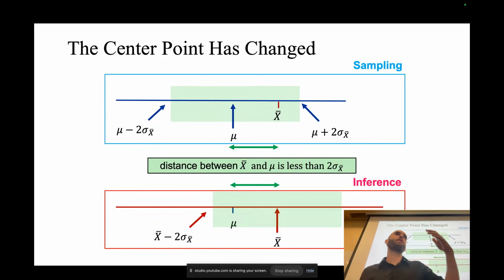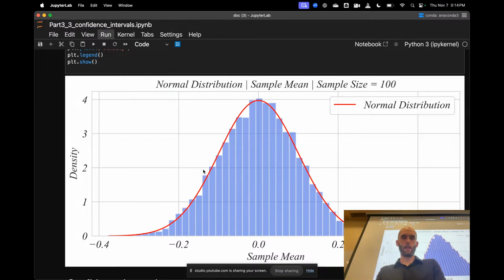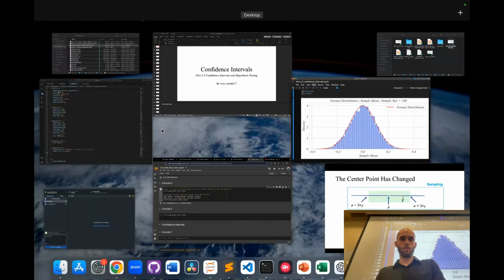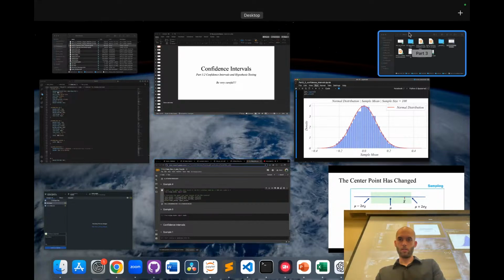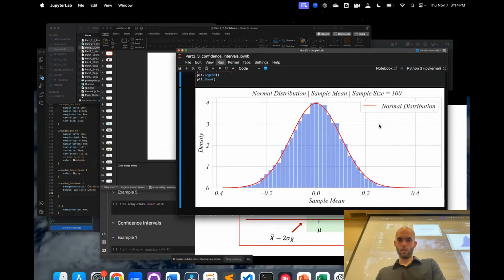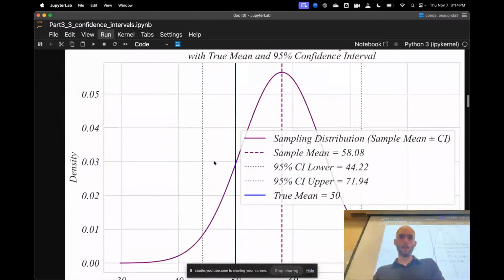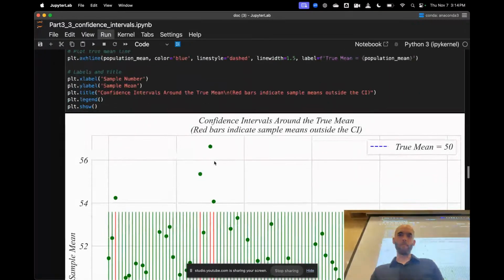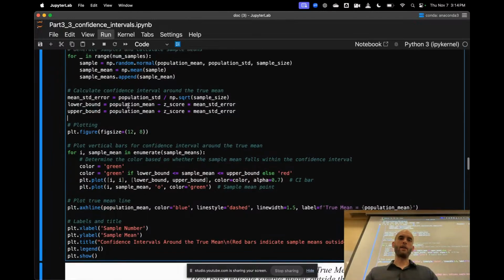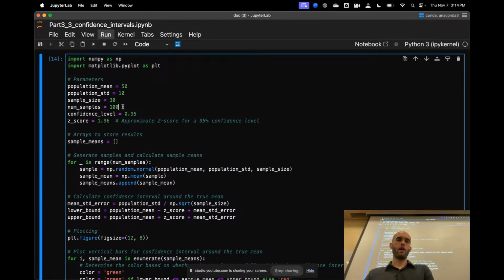So I want to show you some pictures just to simulate this idea and show you that it's true. So we're going to hop over to Python. What we're going to do is randomly sample 100 samples and then construct a 95% confidence interval around the truth.